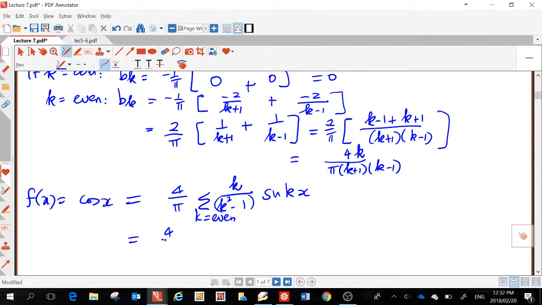In other words, that's 4 over pi into, when k is even, 2 over 2 squared minus 1, that's 2 over 3. 2/3 sine 2x plus, and k is 4, 4 over 15 sine 4x, etc., etc. So that's cos x.